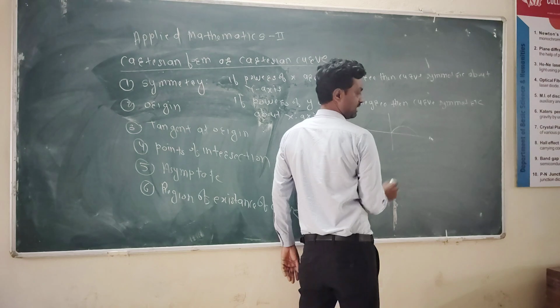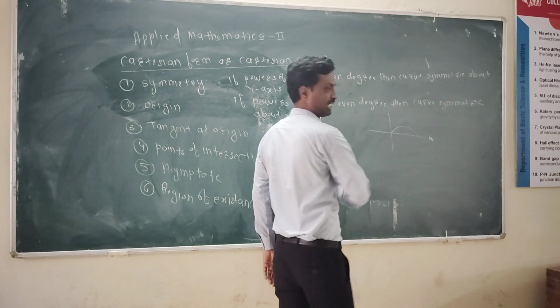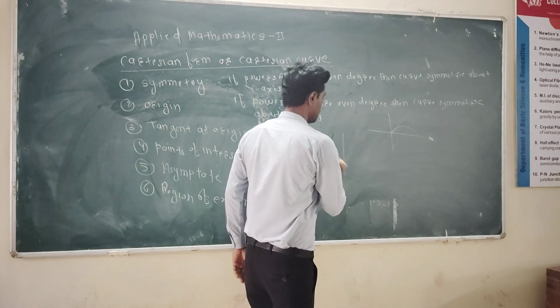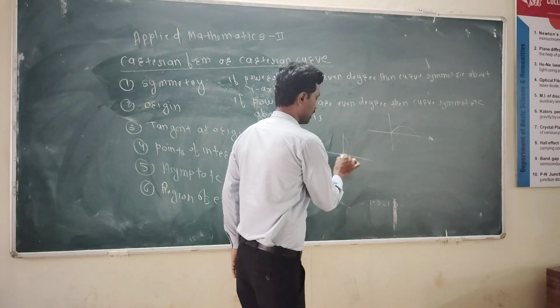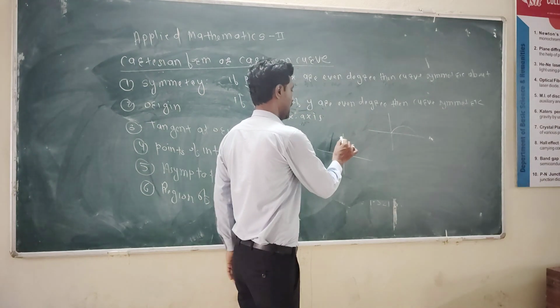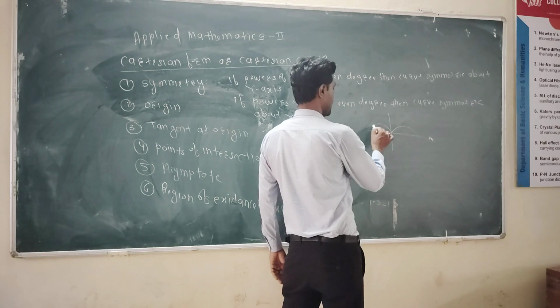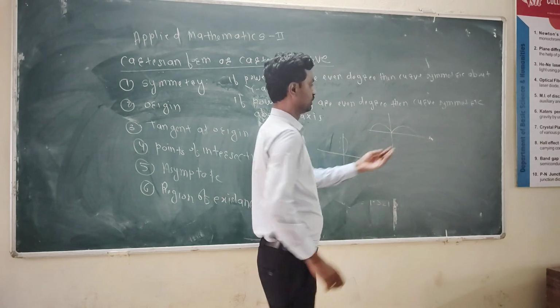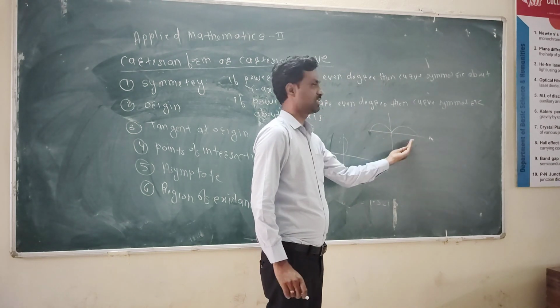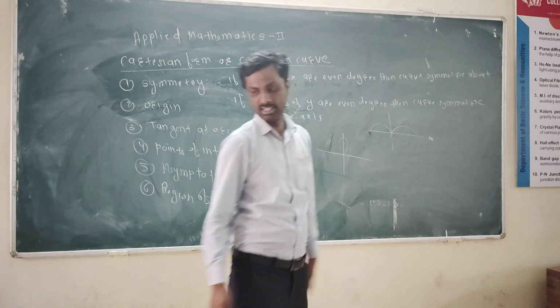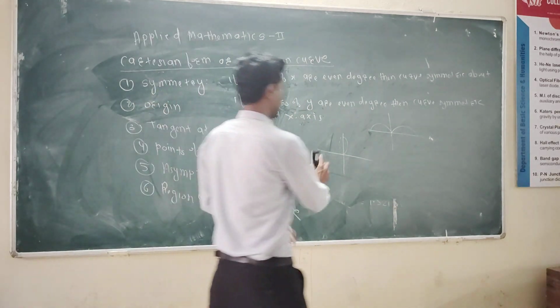This is the y-axis. So its symmetry is like this. So we see the symmetric about the y-axis. So this is the curve. Its symmetry is like this. Okay. So symmetric about both axes like this. So this is the symmetric of y-axis. This is the symmetric of x-axis. This is about the symmetry.